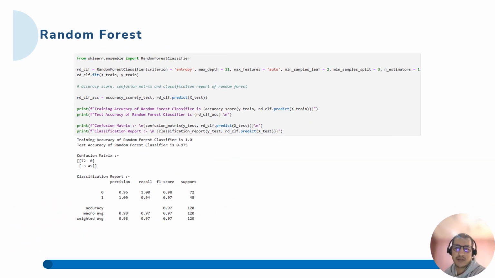As for the random forest, it also scored a test accuracy of 97.5% with 0 false positives, for example, and it also hints that there is possible overfitting in the random forest algorithm.